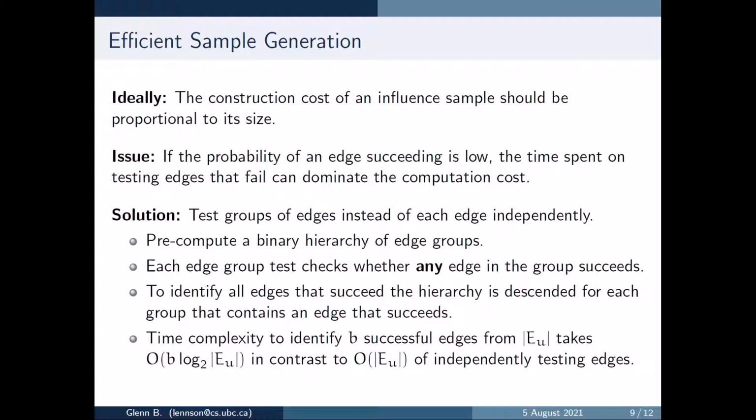Doing this makes it so that the time complexity of constructing a reverse influence sample only has logarithmic dependence on the edges that do not succeed. This improved influence sample generation can be used to accelerate any of the algorithms that are based on reverse influence sampling. In our experiments, all the algorithms will use this accelerated reverse influence sampling, and we test the effectiveness of this acceleration separately.